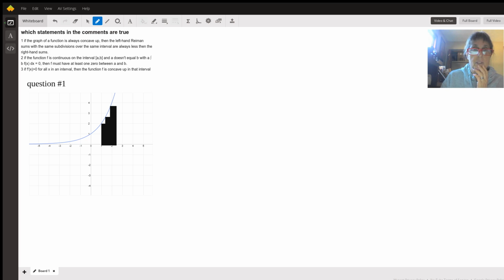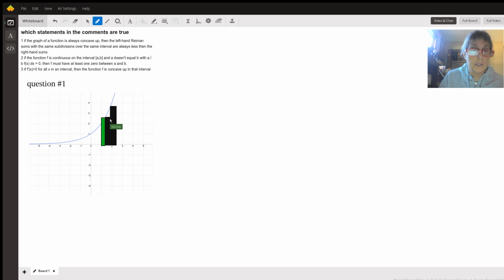Now, if I do the same thing with a right-hand sum, if I start here and I wait till the right side of my rectangle touches the graph, see that? Now let's draw one here that's a right side.